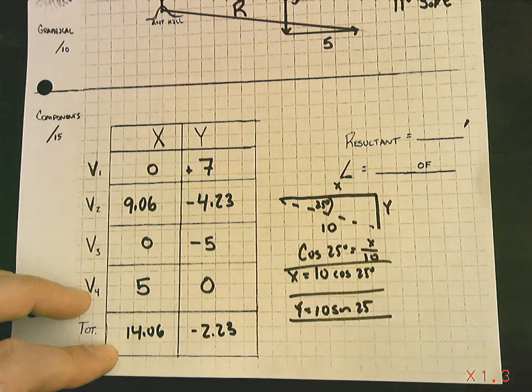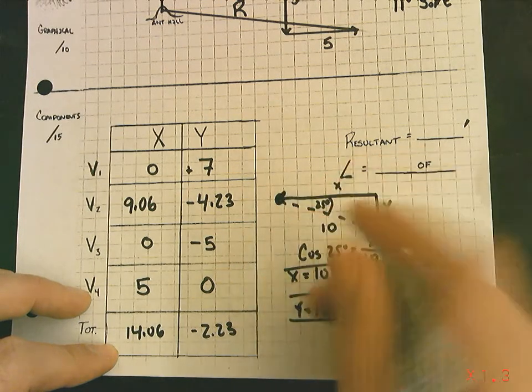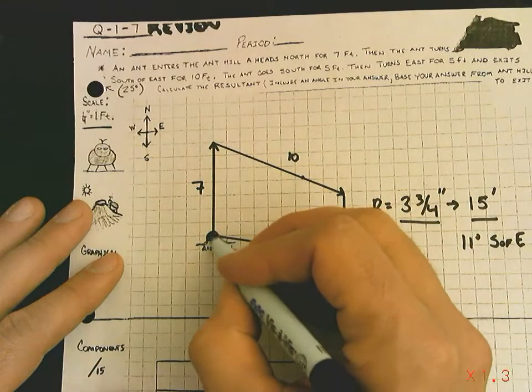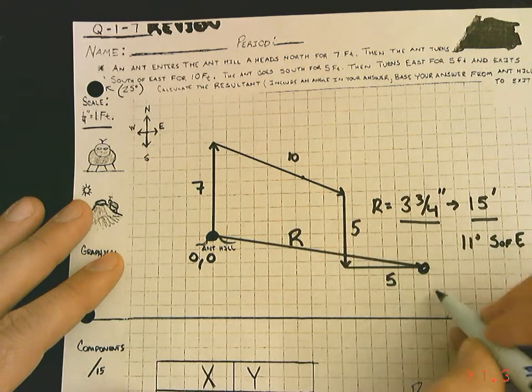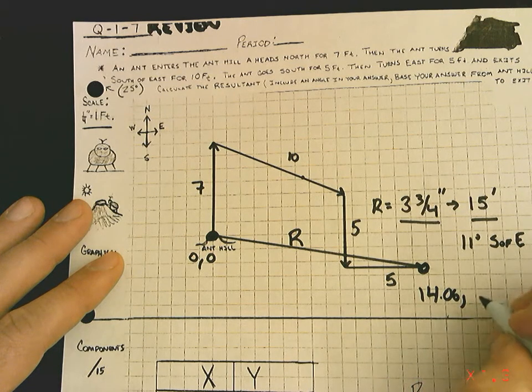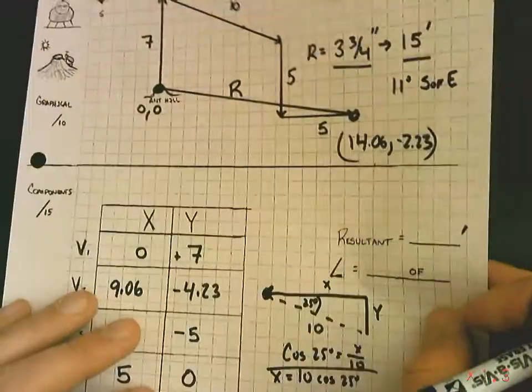So that's really what we're doing here. We started here at the start, 0, 0, and we ended up at an endpoint of 14.06 and negative 2.23. So that's how far in the x we moved and how far in the y we moved.